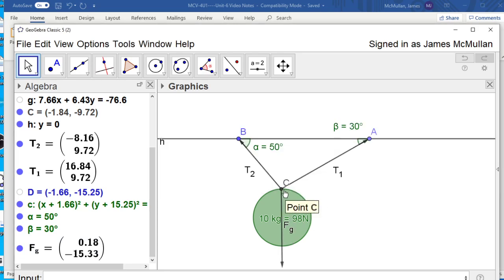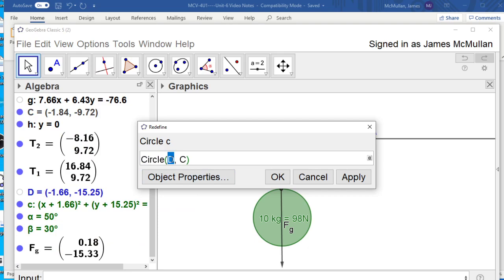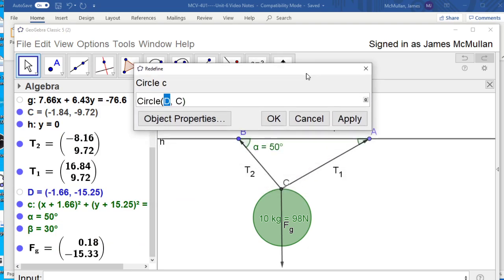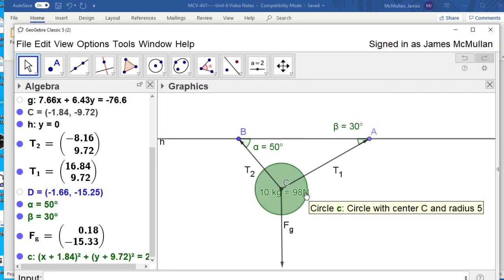So let's imagine the object is located at point C. So maybe I'll just move my circle to point C with a radius of 5. Okay, so there you go, something like that.